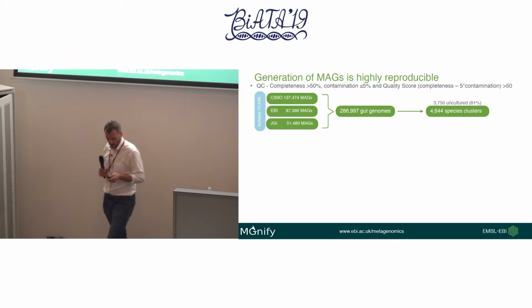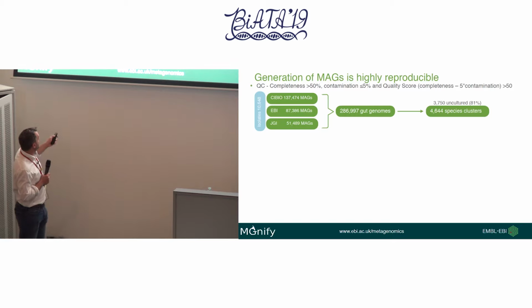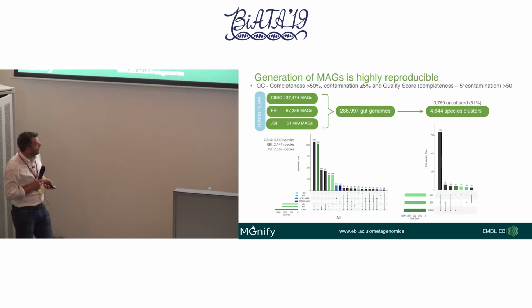So we started to look at this, and here are some really early results off the doors. Here what we've got are the numbers of the species that have been carried through from, again, Sagata's group, my group, and JGI. And these are the numbers after all of this dereplication that have gone through.